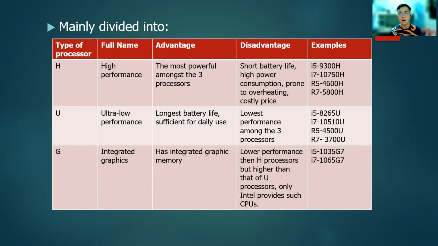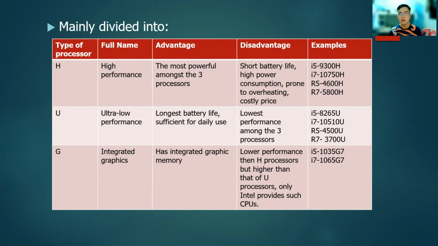So the more power it uses, the more prone it is to overheating. And of course, H processor laptops are also very costly. For example, with an RTX series graphics card in a laptop and equipped with an i5 H processor, you may find a laptop costing in the range of 4,500 to 5,000.